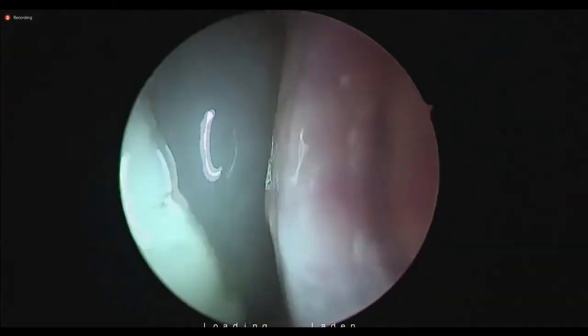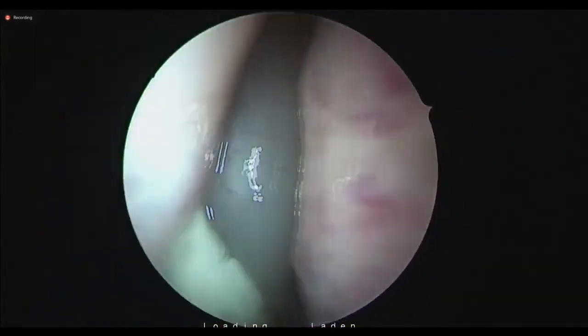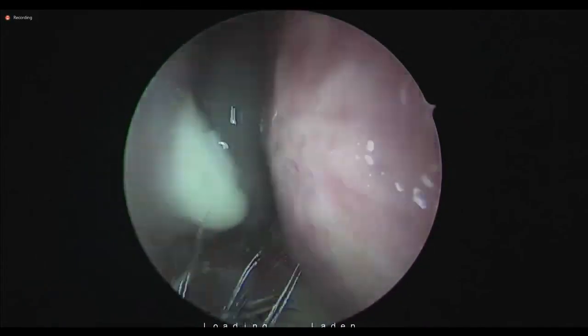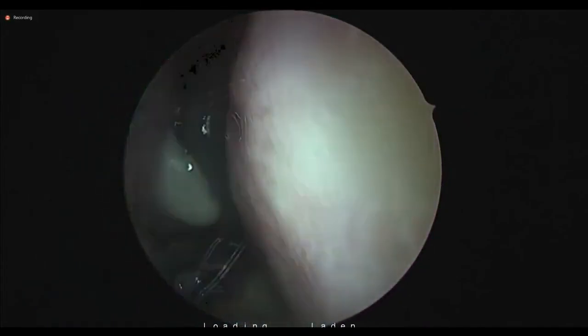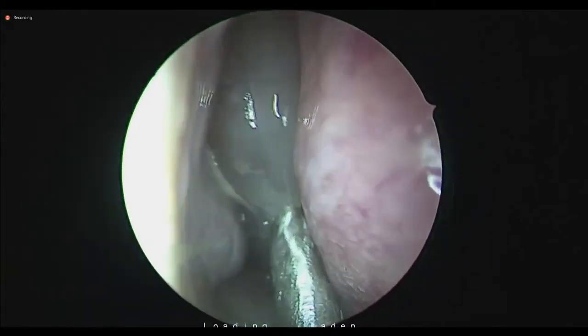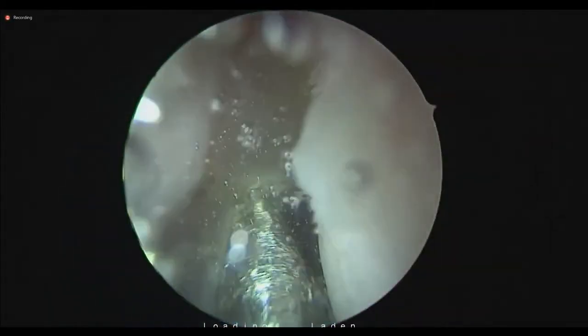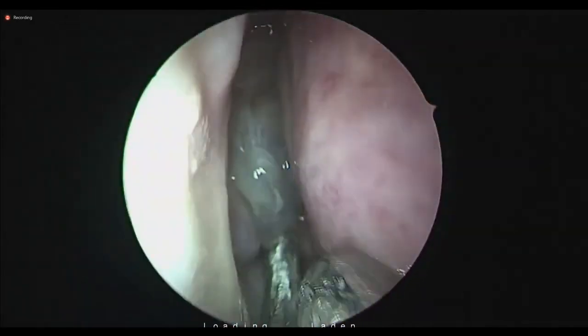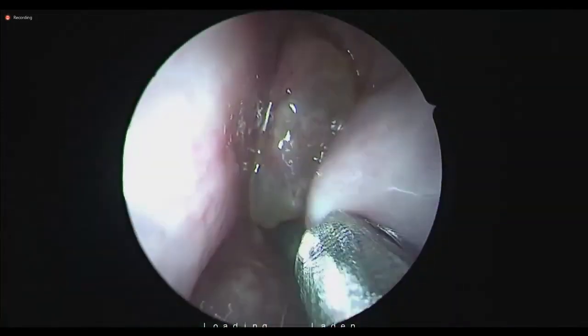We are seeing. This is pus-like, some discharge. See this big polyp occupying the entire nasal cavity. Same story on the opposite side, multiple polyps.